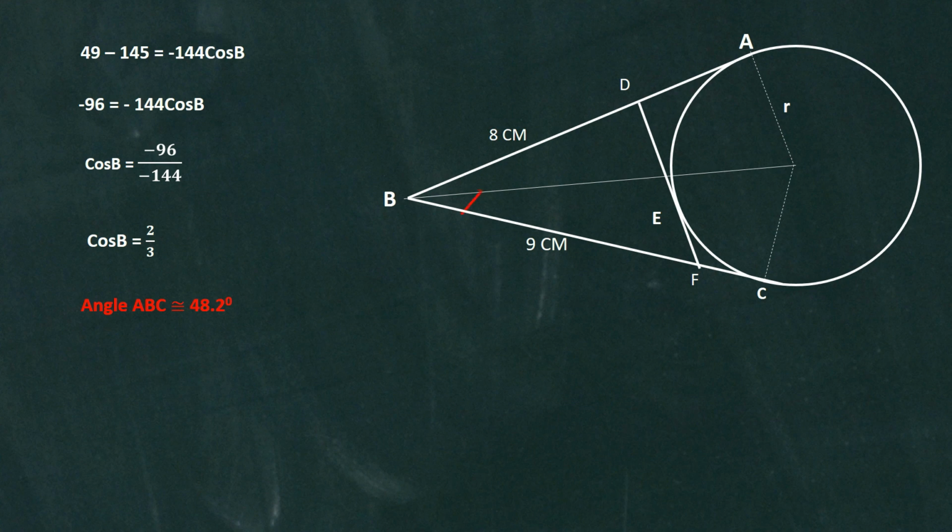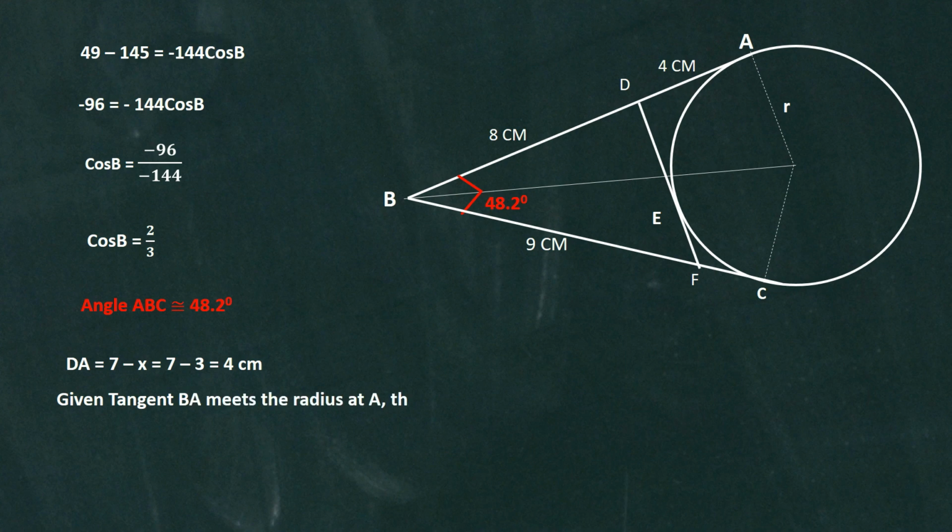Now we were given that the line DA is 7 minus x, and so to find it we remember that x is 3, and so we do have 7 minus 3, and that gives us 4 centimeters. Now we're going to use SOHCAHTOA to find the dimensions of the radius.